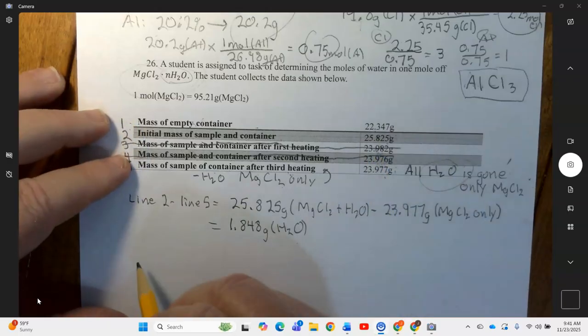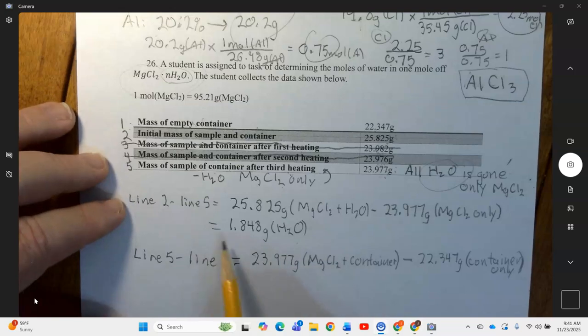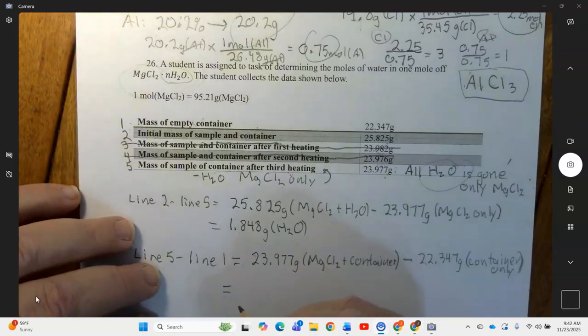So let's do that down here. So it's line 5 minus line 1. Okay, so this minus this will give us the mass of just the MgCl2, so we'll go ahead and do that. Okay, and that gives us 1.63 grams of MgCl2.